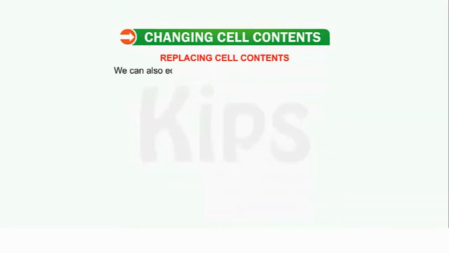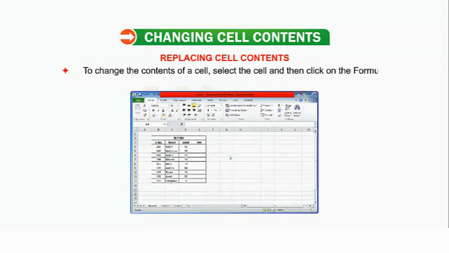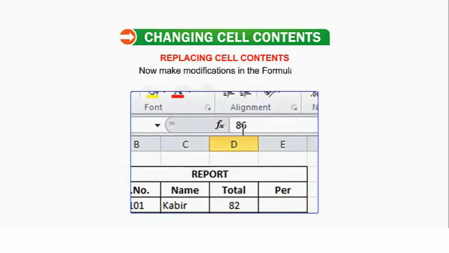We can also edit the cell contents in the following way. To change the content of a cell, select the cell and then click on the formula bar where you want to insert characters. Now make modification in the formula bar. Turn on the overtype mode by double clicking on the cell.